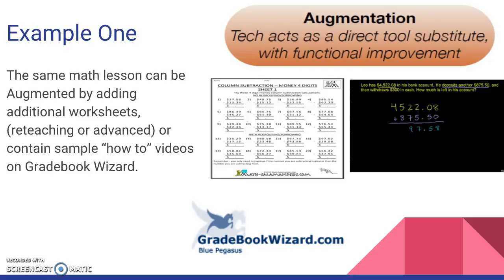At our school we use Gradebook Wizard, which is very similar to Blackboard. On there, there are how-to videos, and there are ways that they can download or print off sheets. So in this case, augmentation, the technology acts as a direct tool substitute and there's definitely some functional improvement.